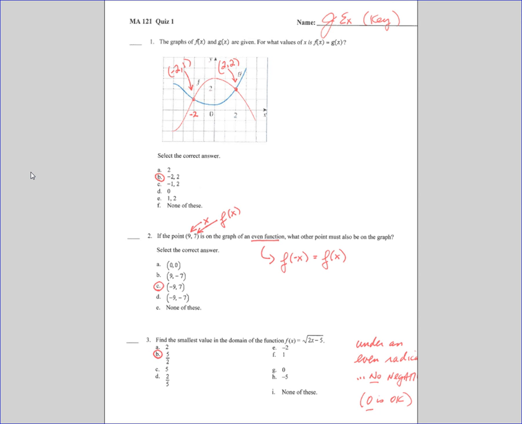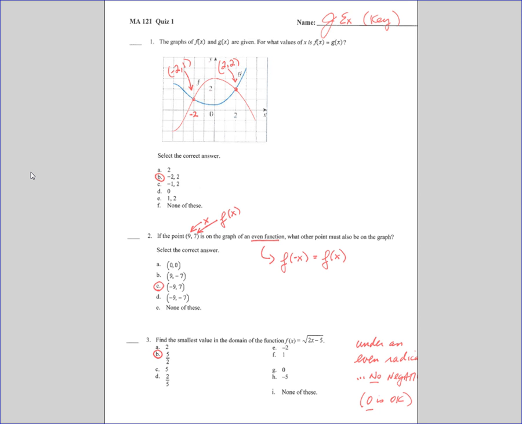Question 3 there at the bottom, we're asked about the domain, and one way of thinking about the domain issue is, what can x be? And because we have an even radical, a square root, we cannot have a negative value under an even radical.